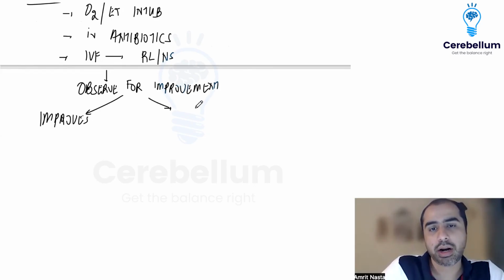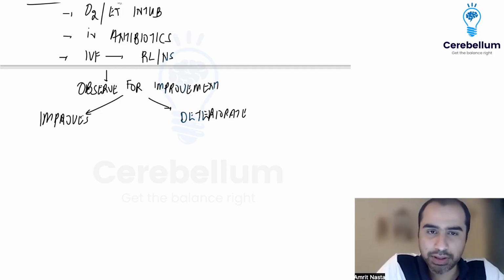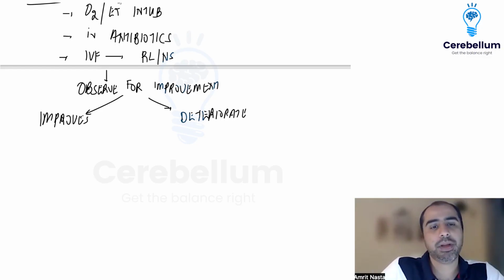Or he doesn't improve or deteriorates. What does each scenario imply? Either he improves with antibiotics, IV fluids, or he deteriorates. CT मैंने कर दिया था पहले, but ठीक है. What does it imply? चलो, if he improves, then very good. Then you will start him on oral feeds.